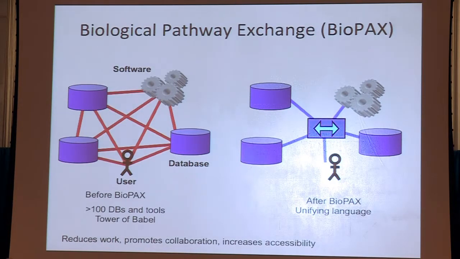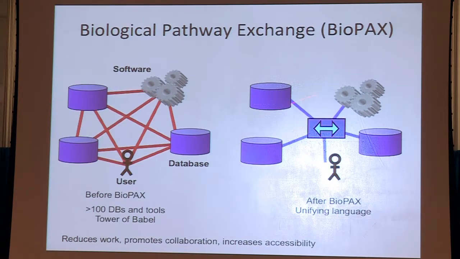One of them is the BioPAX format. It's the Biological Pathway Exchange Language. It's a standard format that captures pathway information, metabolic pathways, signaling pathways, protein interactions, and gene regulation that has been developed as a community effort by many pathway databases. And the idea is that all these pathway databases have their own way of representing pathways.